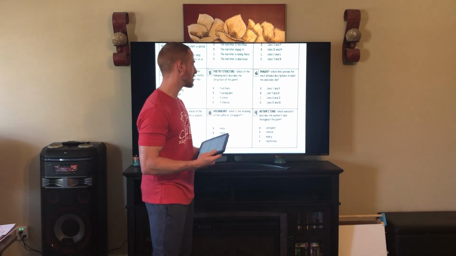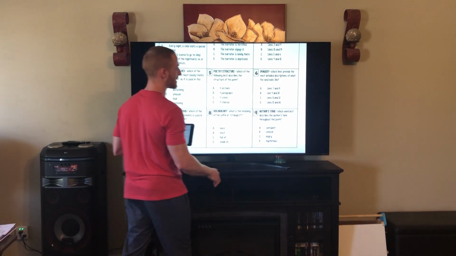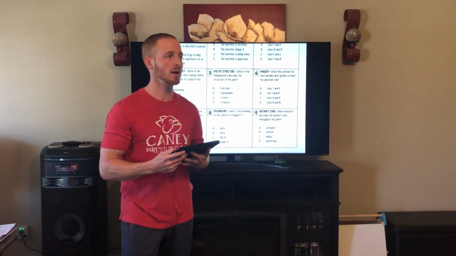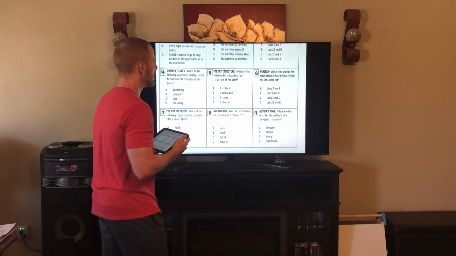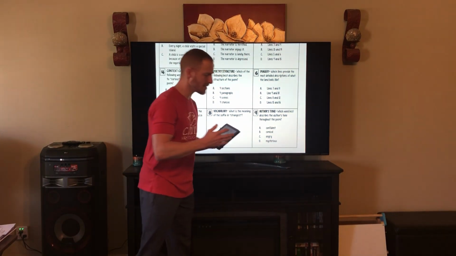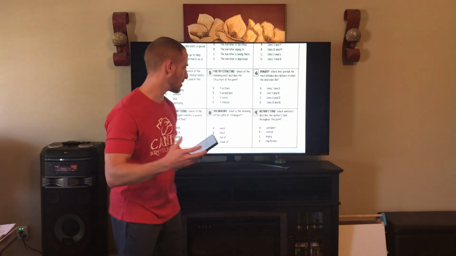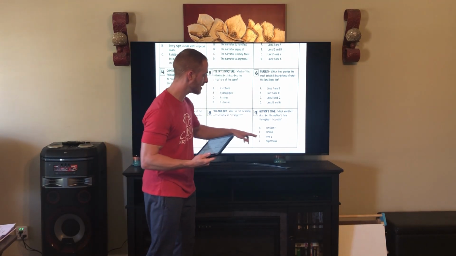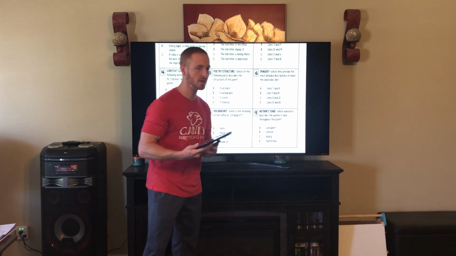Okay? And then the last question is author's tone. It says, which word best describes the author's tone throughout the poem? Author's tone comes down to what kind of tone the author is using in this poem. Okay? A confident tone, a comical, which means funny, an angry tone, or a mysterious tone.